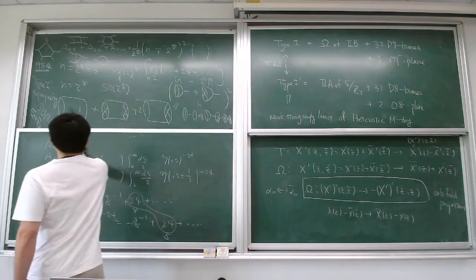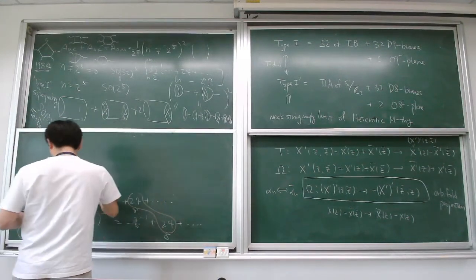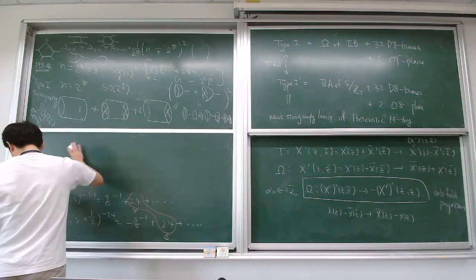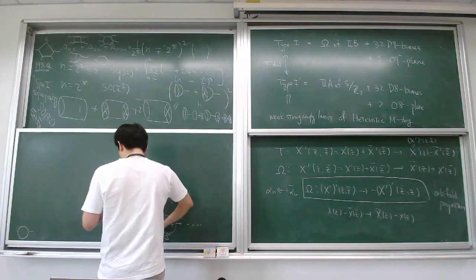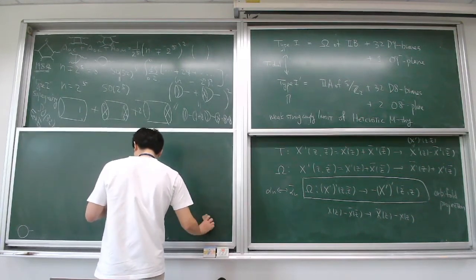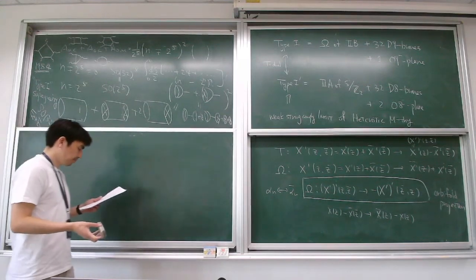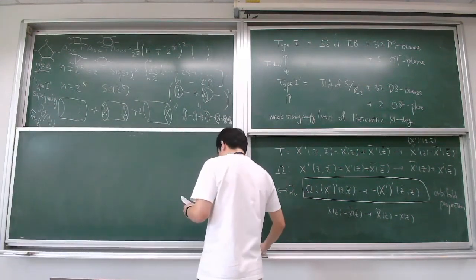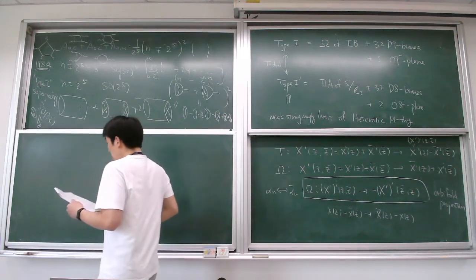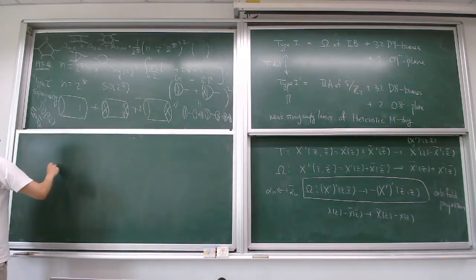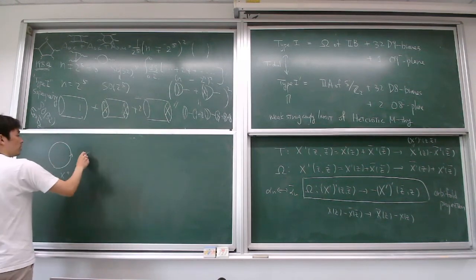And then what's really happening is that you have a circle, the X9 direction is a circle.